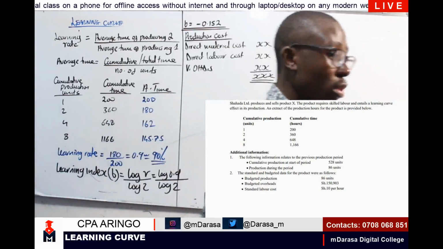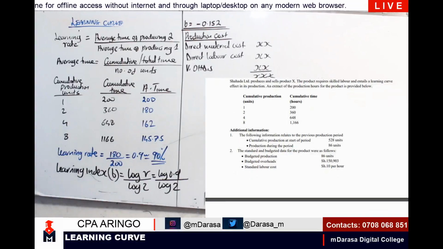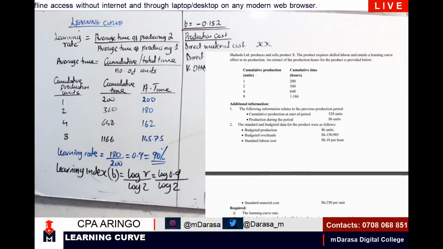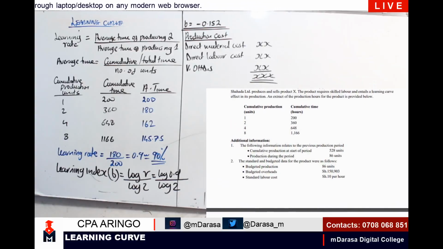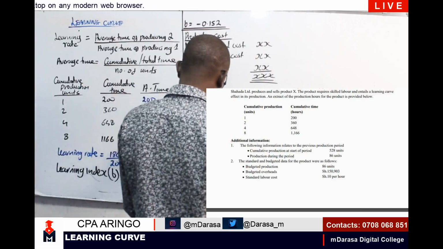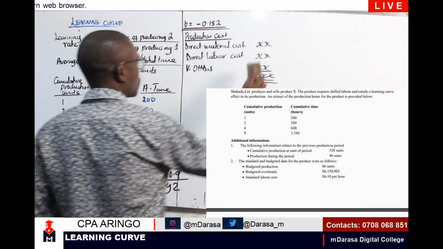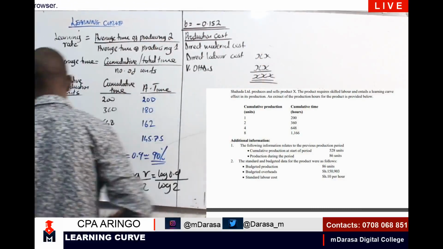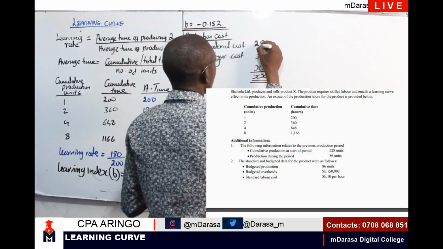I'm given 250 shillings per unit. So, in this case, material cost, I'm having 250 shillings per unit.